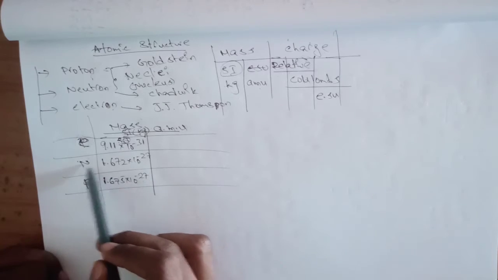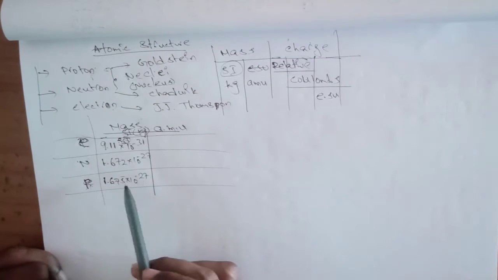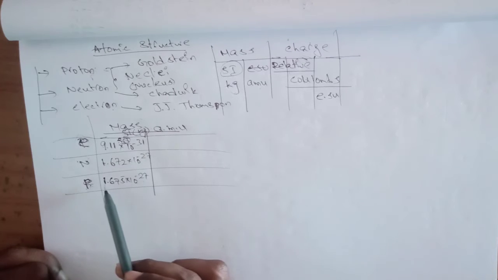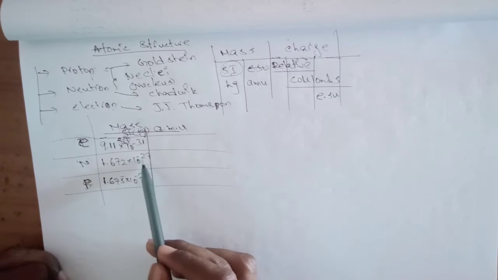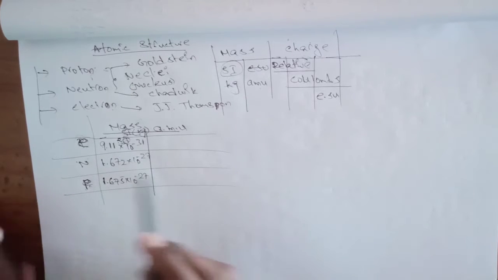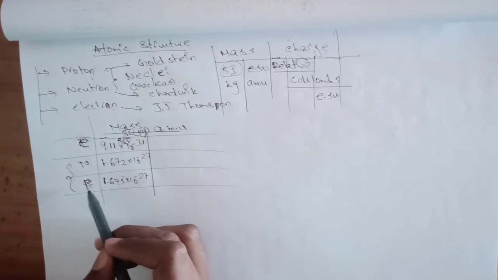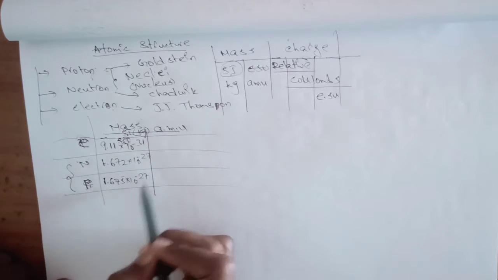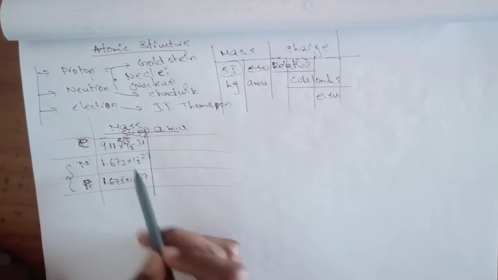The mass of the neutron is 1.627 into 10 power minus 27, and the proton is 1.675 into 10 power minus 27. Most of the mass is accumulated with these two, neutron and proton. Why? Because these exist in the nucleus and the electron is revolving around it.